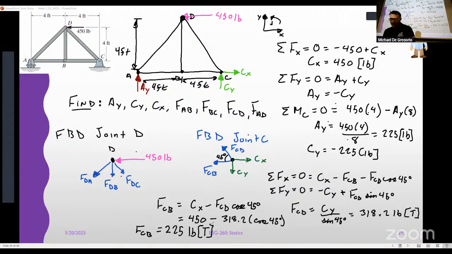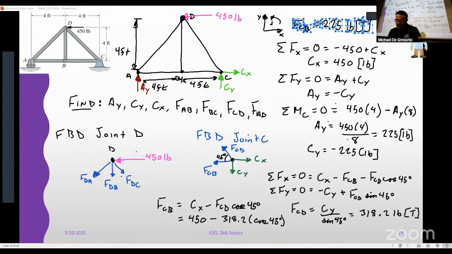Okay. So we solved joint C. Great. I am going to keep some of this and remove the rest. I'll put the forces that we found up here.